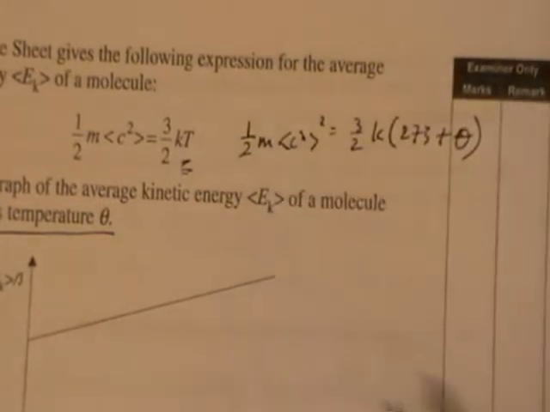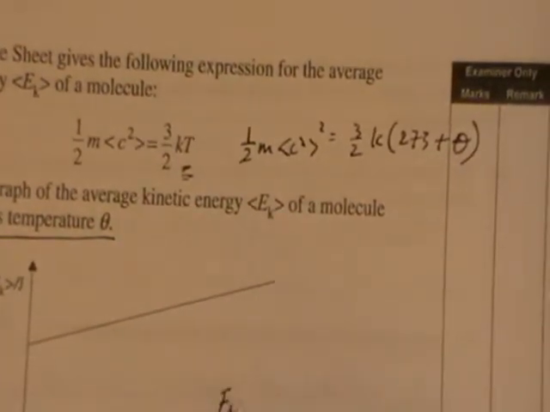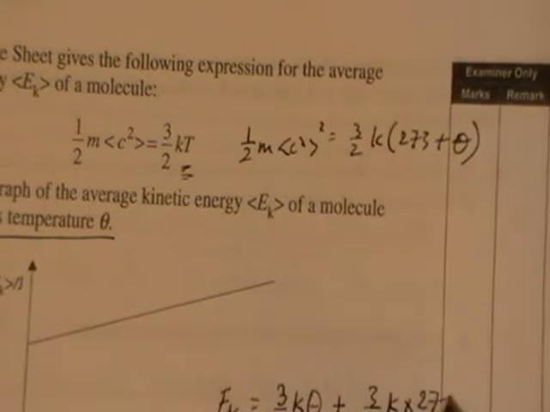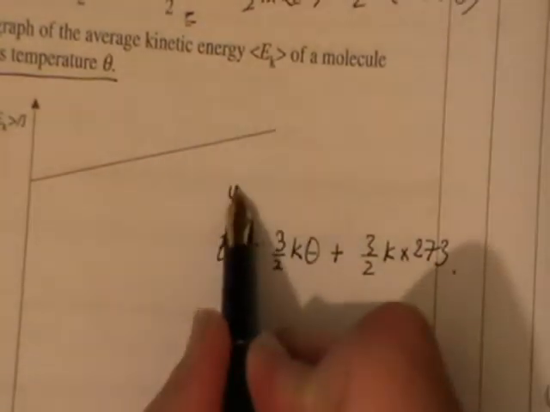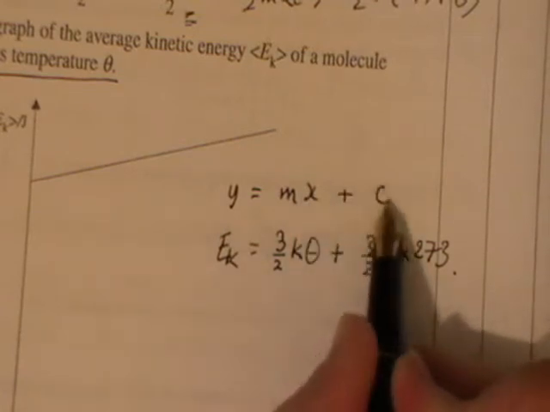So the equation for this really is that EK is equal to 3 over 2 k theta plus 3 over 2 k times 273. So that's what we've essentially got. And this is of the form y equals mx plus c.